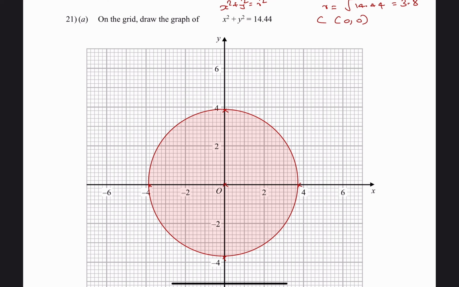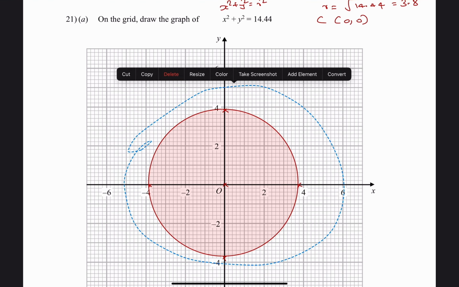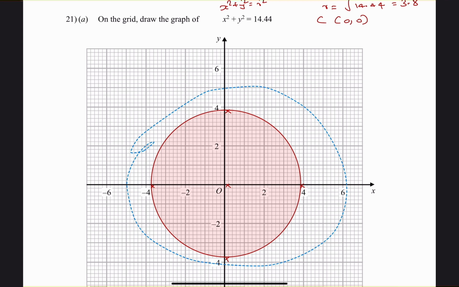Somehow I got to move it, it's about 3 point ish roughly, but let's roughly move this. Somewhere roughly like that. Okay.